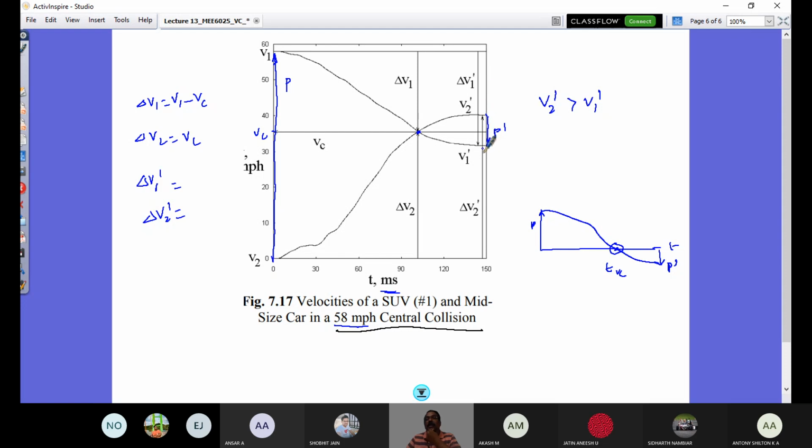And there is an overlap here. So V2 dash is given by V2 dash minus P dash, and V1 dash is still here.